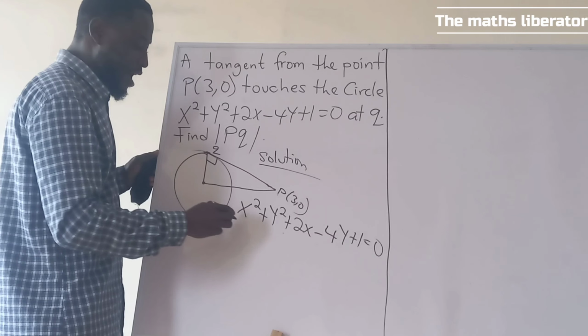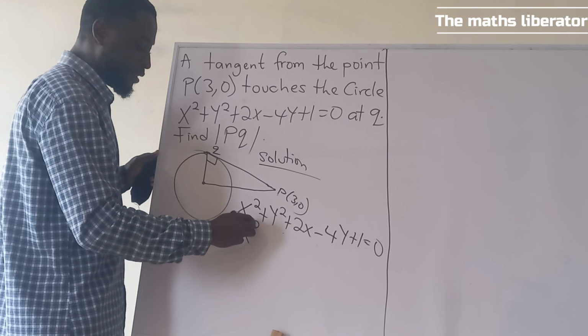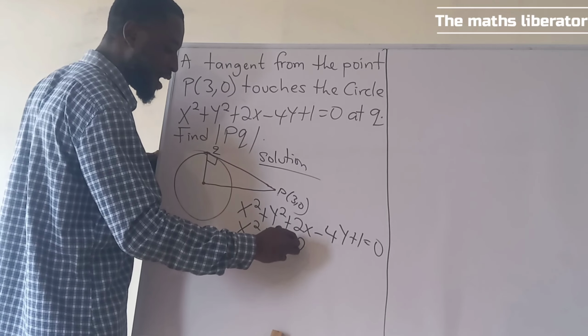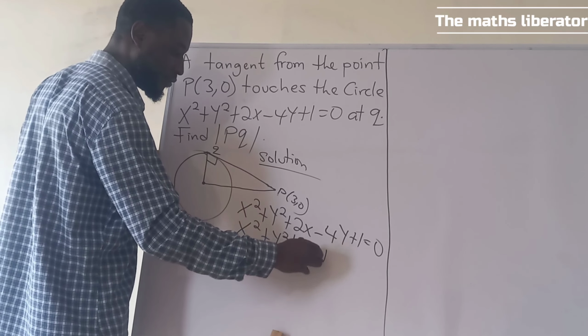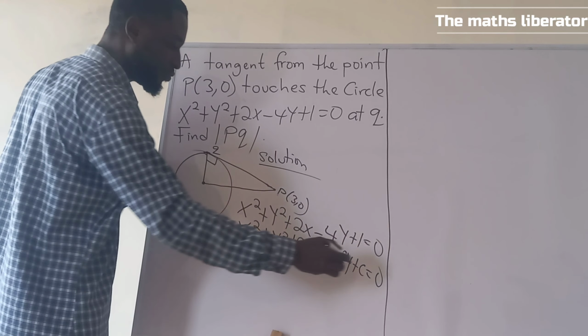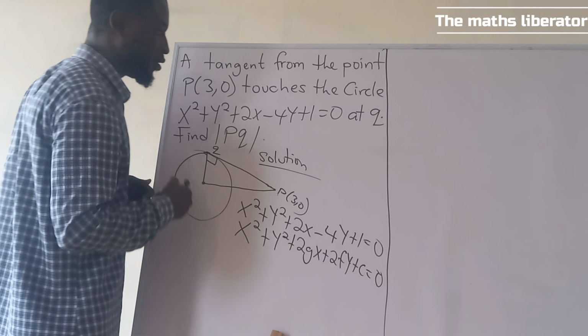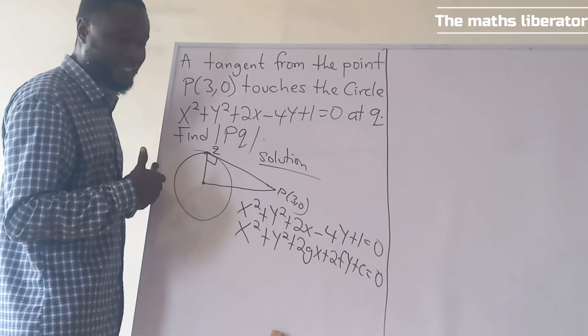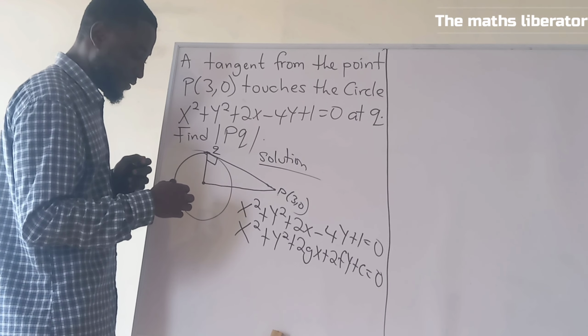After that, I write the general form of the equation of a circle, x squared plus y squared plus 2gx plus 2fy plus c equals 0. After this, I'll compare the coefficients.